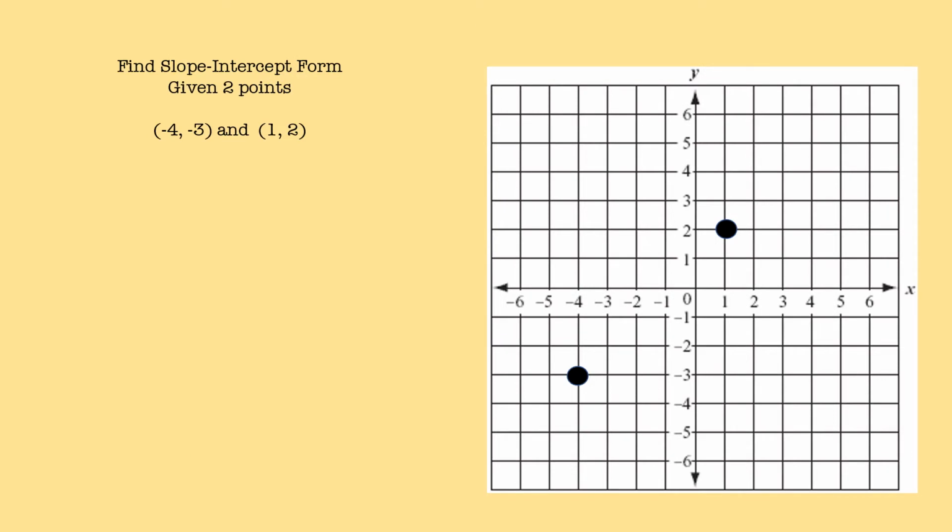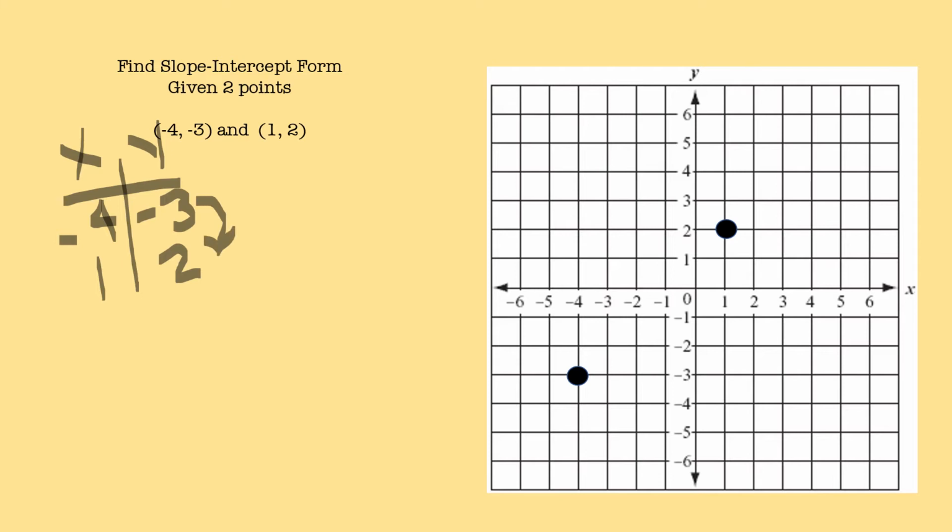So here I just want to show you how to find the slope-intercept form given 2 points. I like to find mine by doing a table. We have our x, we have our y, we know it's -4 and -3 and 1 and 2. This is the same thing that y2 minus y1 over x2 minus x1 does. The difference between -3 and 2 is +5.